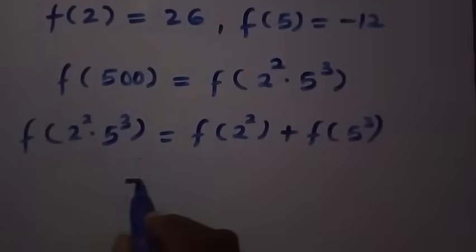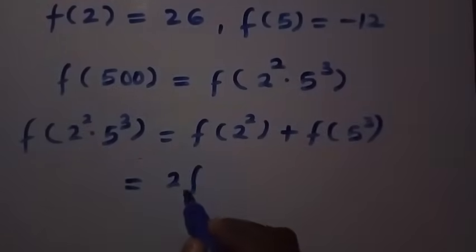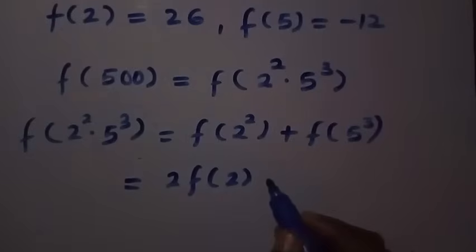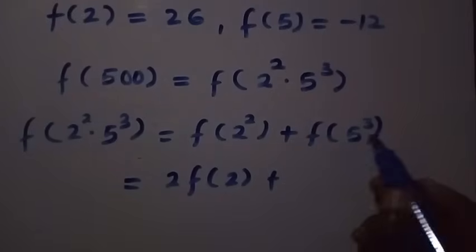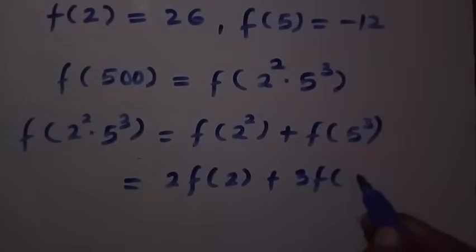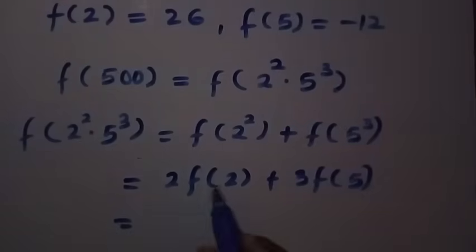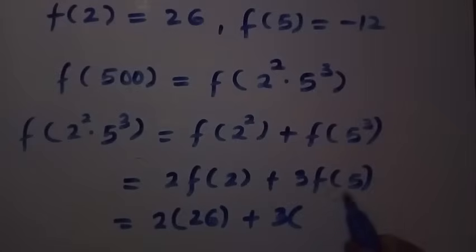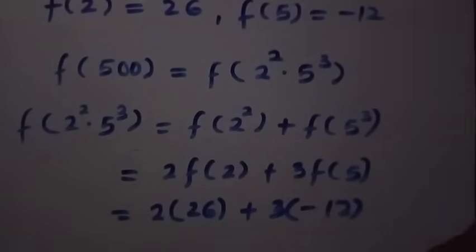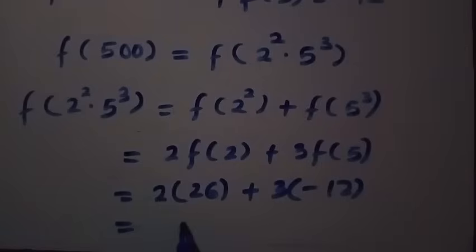But here f of 2 squared is given as 2 f of 2, plus f of 5 cubed is also 3 f of 5. f of 2 is 26, then we have 2 multiplied by 26 plus 3 into bracket f of 5 is minus 12. So by adding these together, we are going to have 16. Therefore, f of 500 equals 16.